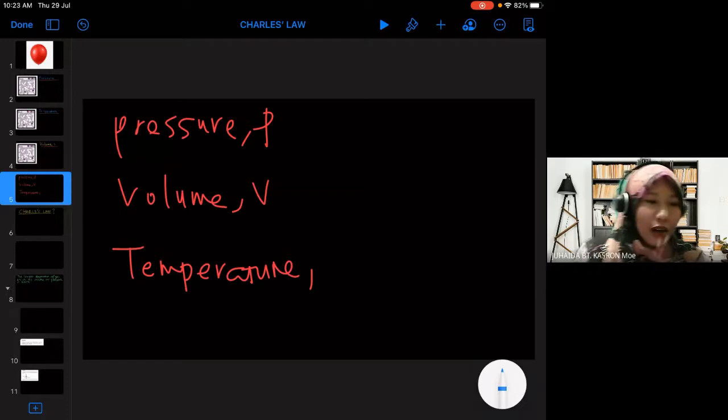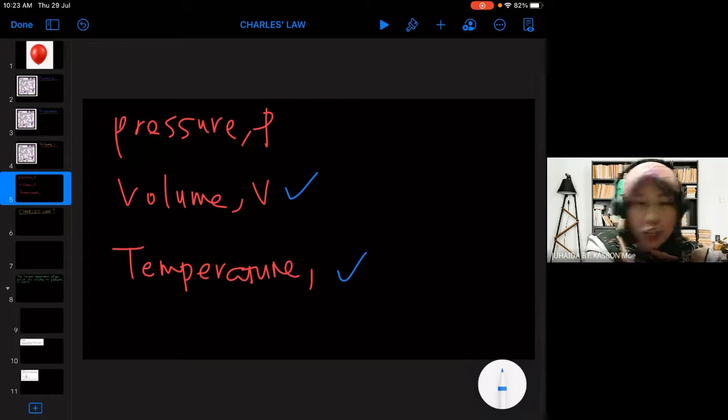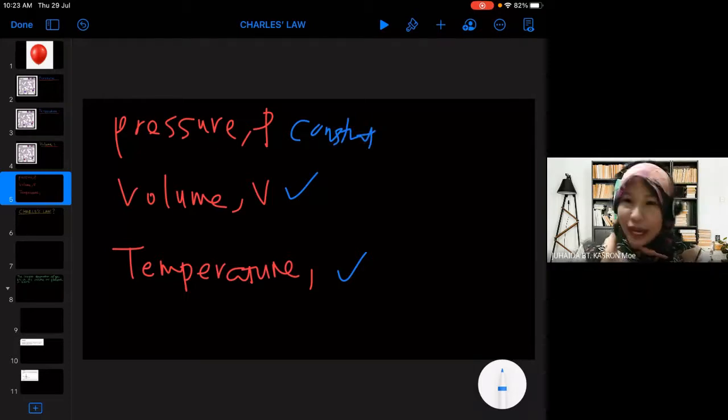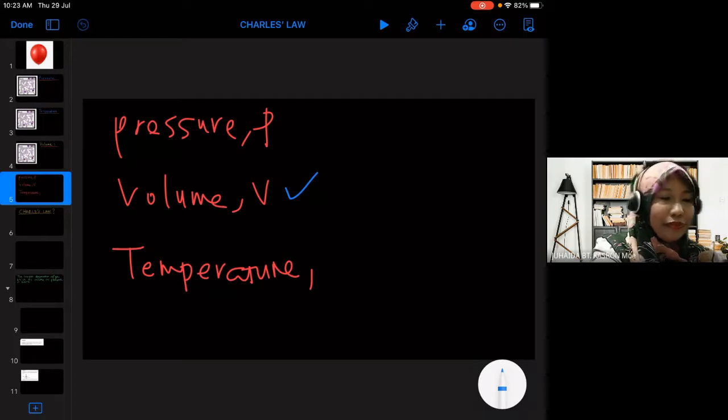For example, if you want to find the relationship between the volume and the temperature, the pressure of the gas must be constant. If you want to find the relationship between the volume and the pressure, what must be constant? The temperature.